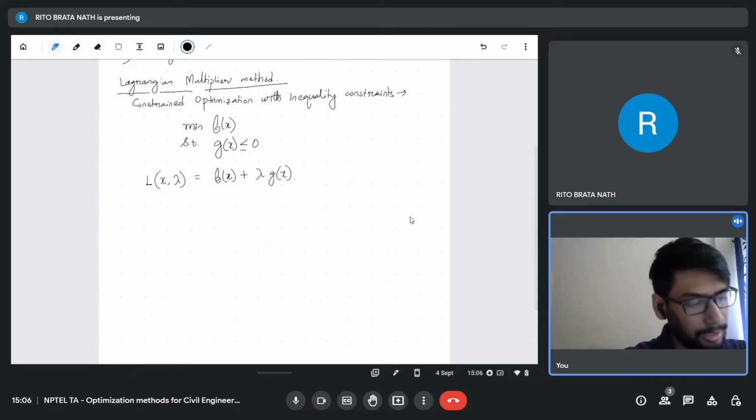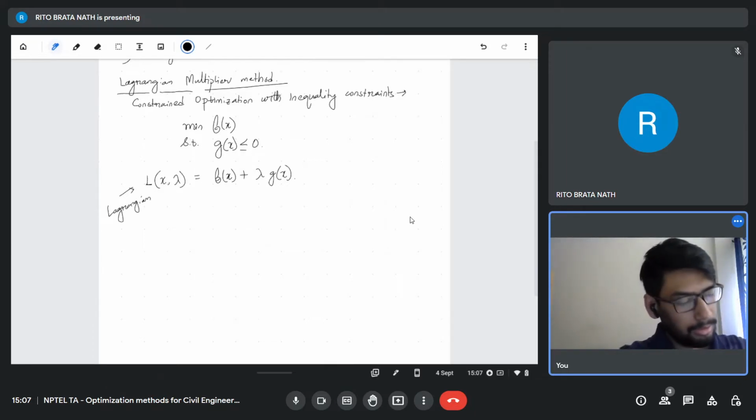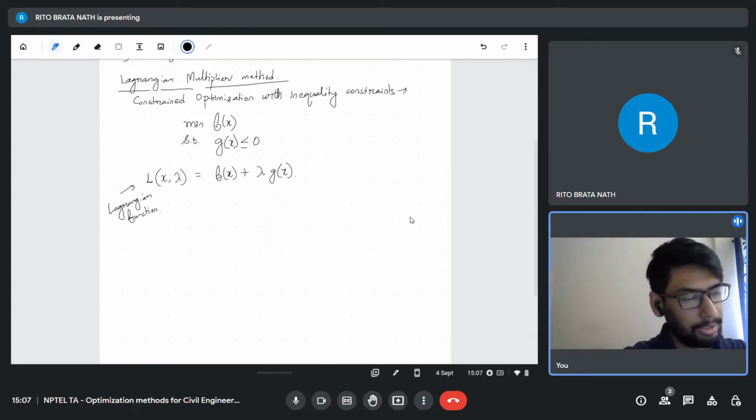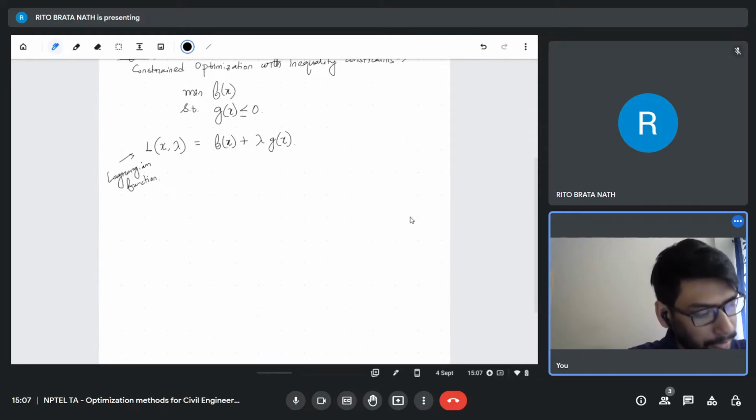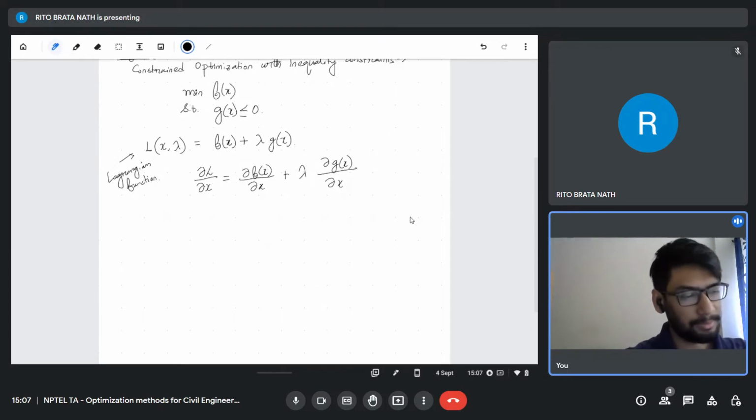So this is the Lagrangian function, and let me take the partial derivative of it with respect to x. It will be del f by del x plus lambda del g by del x. I hope this expression is clear to you.